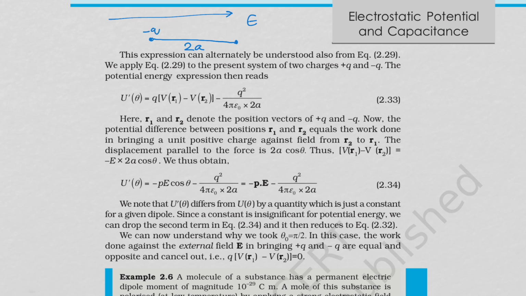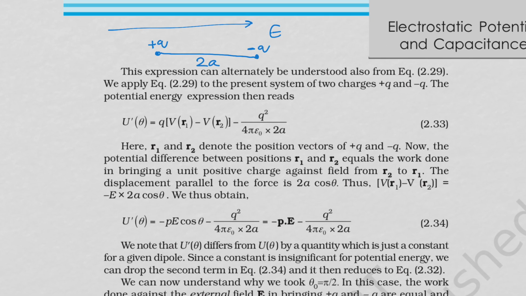One is a negative charge, one is a positive charge. So let's take the first charge positive and the second charge negative. It's convenient to do what is given in the book here, and it won't actually change the result if you change the positions of the charges.